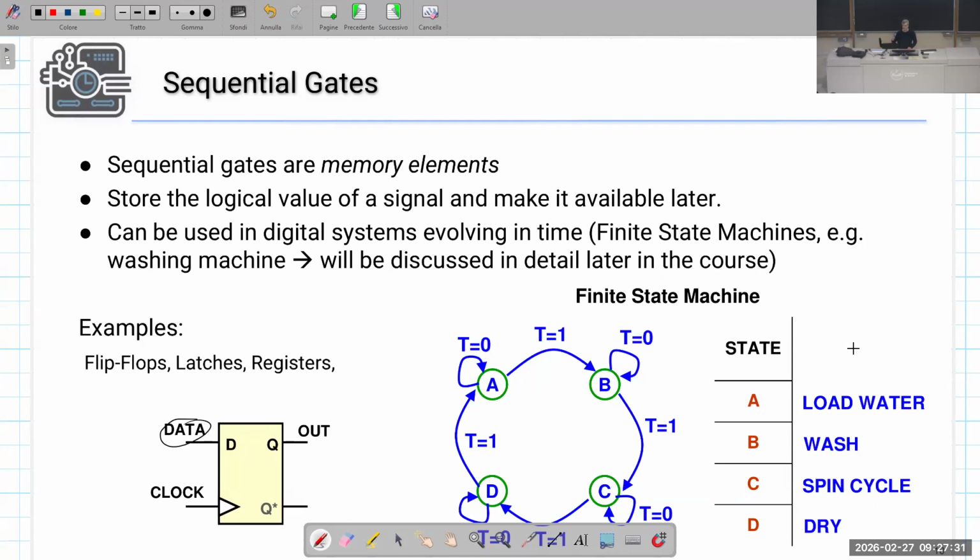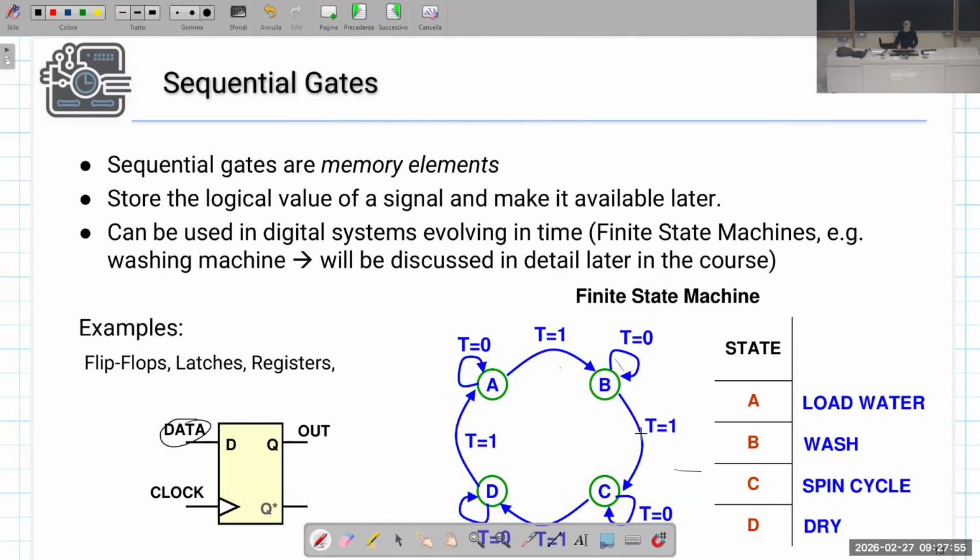It keeps track, and in each of these states, the behavior, that is the relation between the inputs and the output, is specific. So it's a system that evolves in time according to different states, which can be expressed using the formalism of the state transition graph, depending on the value of the signals.